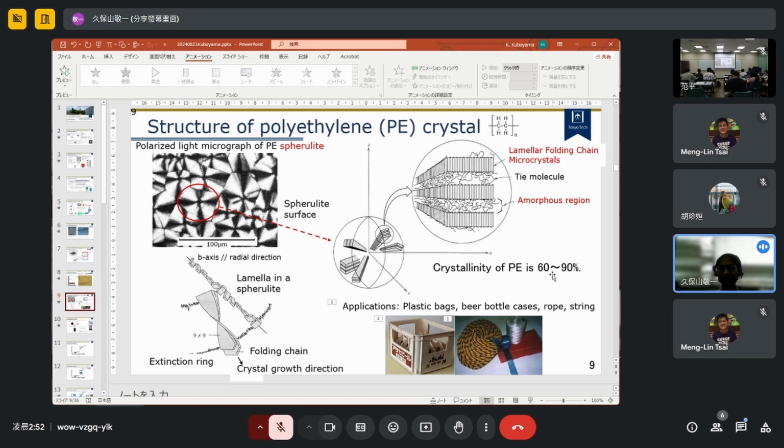So 60% of crystallized PET is crystal, but 40% is amorphous part. So normally the crystallized polymer consists of both parts, a crystallized part and an amorphous part. That is a very important point of the polymer.